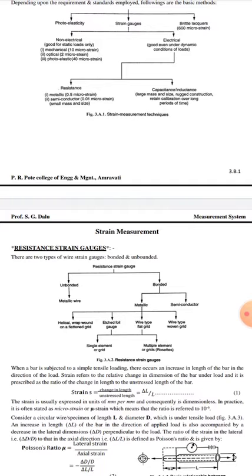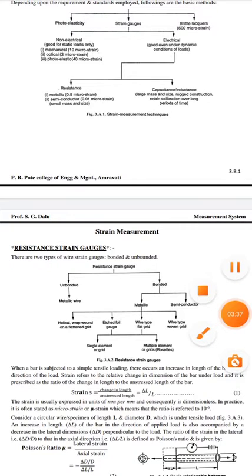Gradually we increase the tensile force, so that at a particular tensile force the cylindrical rod becomes deformed, neck formation takes place, and it breaks at that location. The same principle we will have to study in the case of strain measurement.